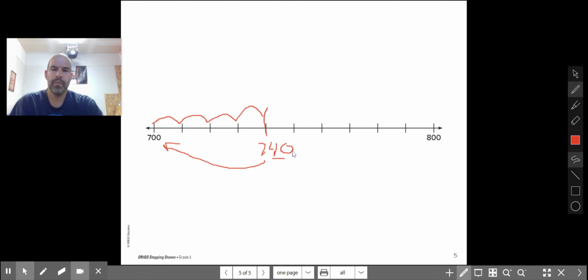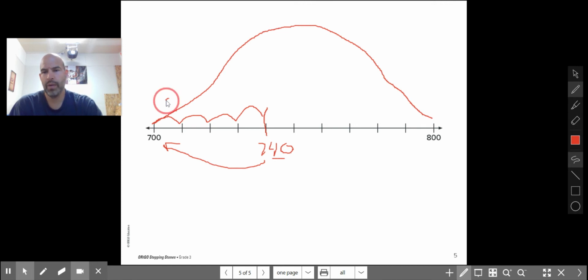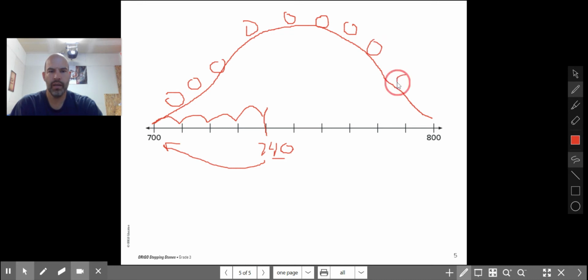Now, if you guys remember, we did a kind of a mountain curve when representing these. We said if we put a ball and we were to set it here, or here, or here, or here, and here, which way does it roll down, right?